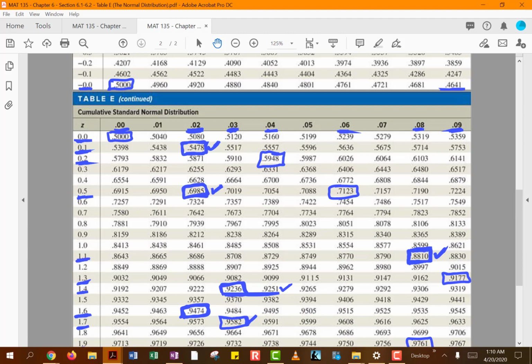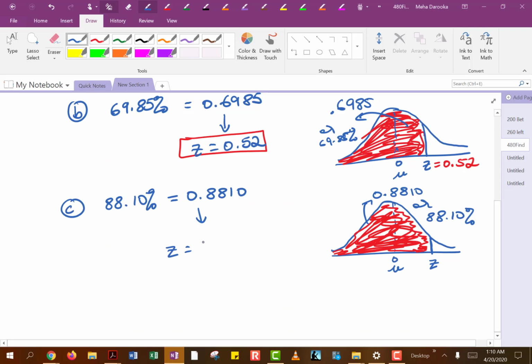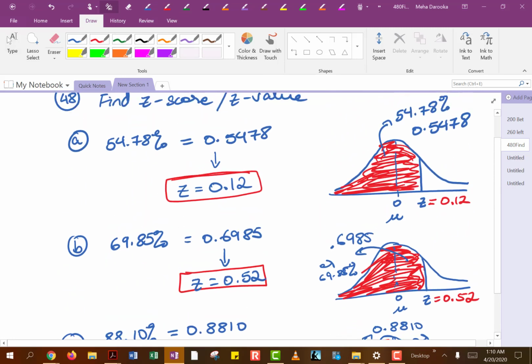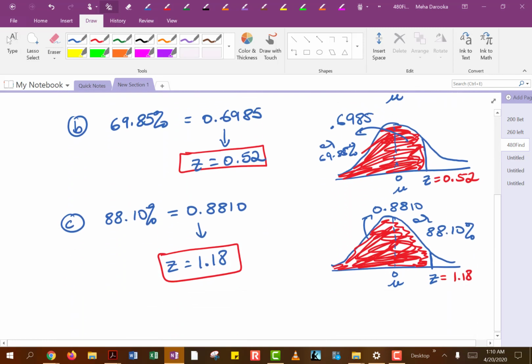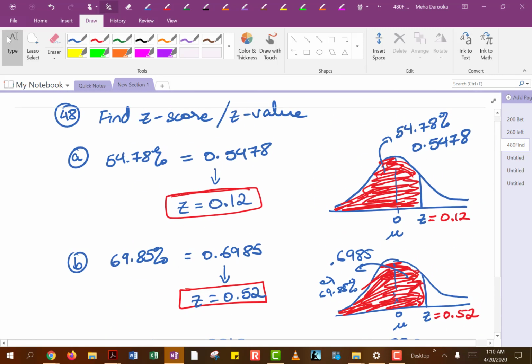So 1.18 is what we're looking at. Okay, so again we found the exact value, 1.18. So this was just to show you how the reverse examples work if they're giving you the area and then asking you to find the z-score that would go along with it.